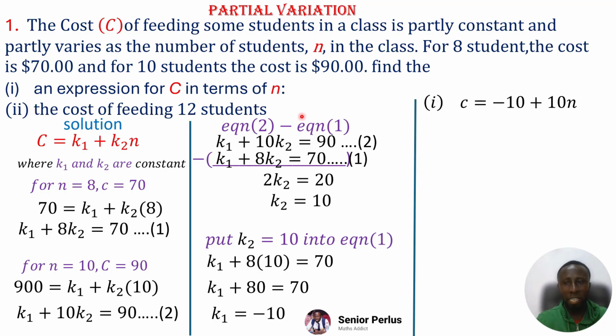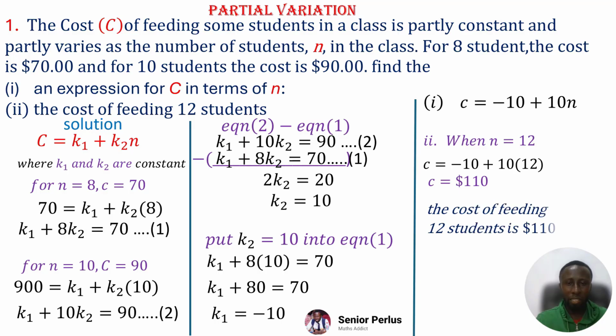Meaning N is 12, so just substitute it into the expression and solve. The answer in dollars is $110. Good, so this is the first example for partial variation.